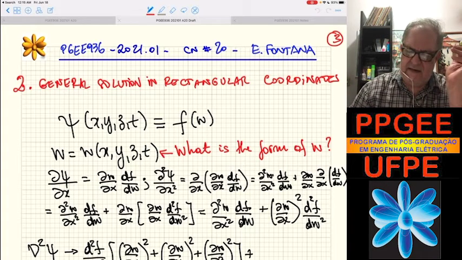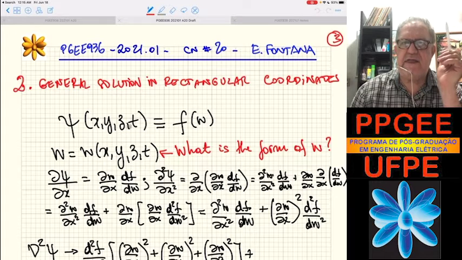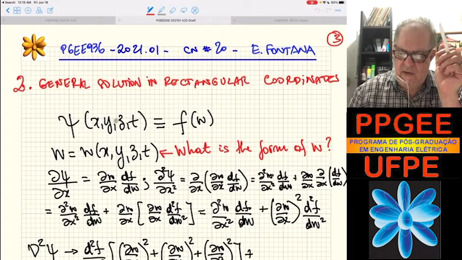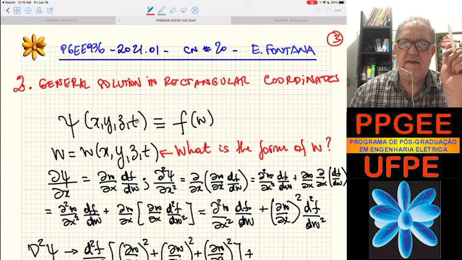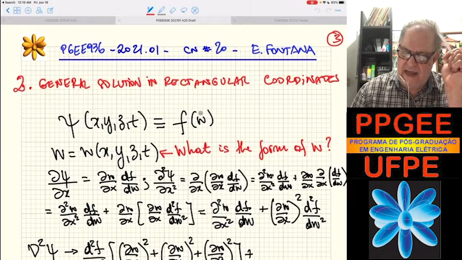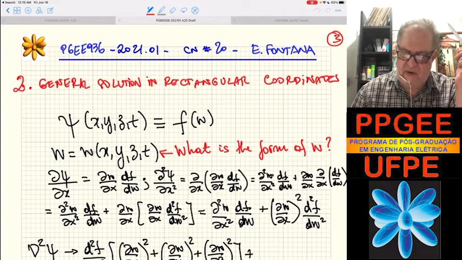So in fact, we want to determine whether there is any special relationship between the coordinates and time for this type of disturbance that satisfies the homogeneous wave equation. So we are trying to find the connection. Let's call the connection between x, y, z, and t a function w of the coordinates.